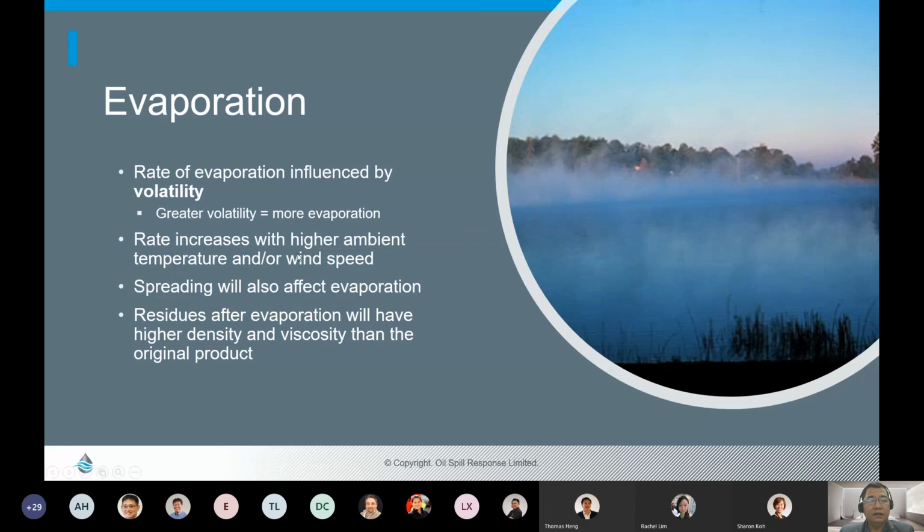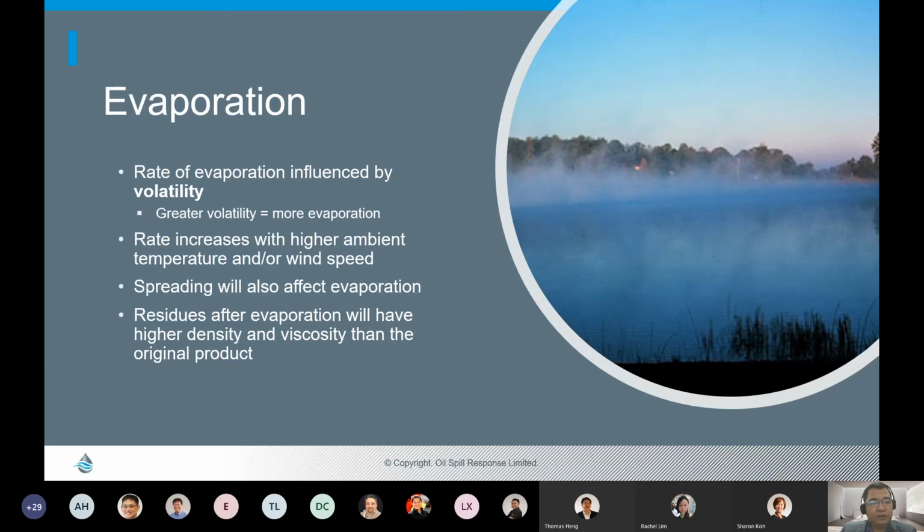So, for example, if oil is spilled into a colder environment, such as the North Sea, and the same oil is spilled in the Middle East in the middle of summer, both will have a different evaporation rate. It depends on where it is spilled. And spreading will also affect the evaporation.